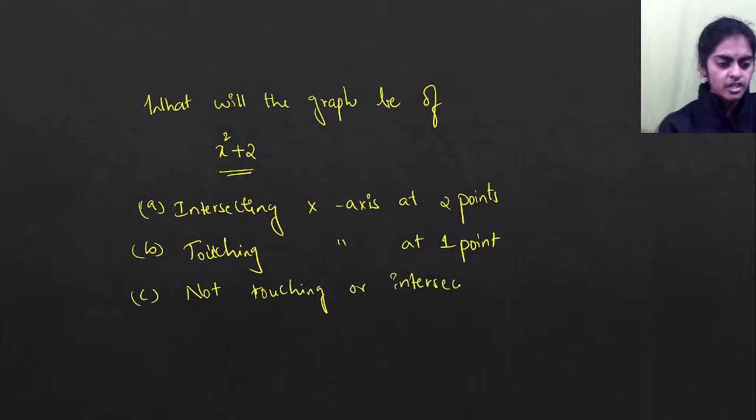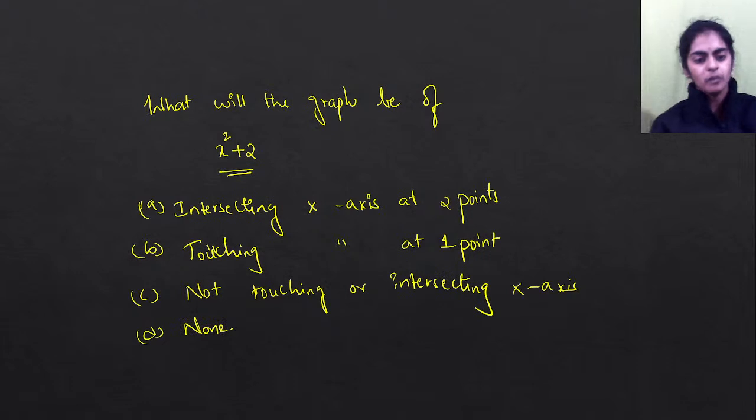So a similar model question we have done in today's session. Option D none. So what will be the answer? Do let me know in the comment box.